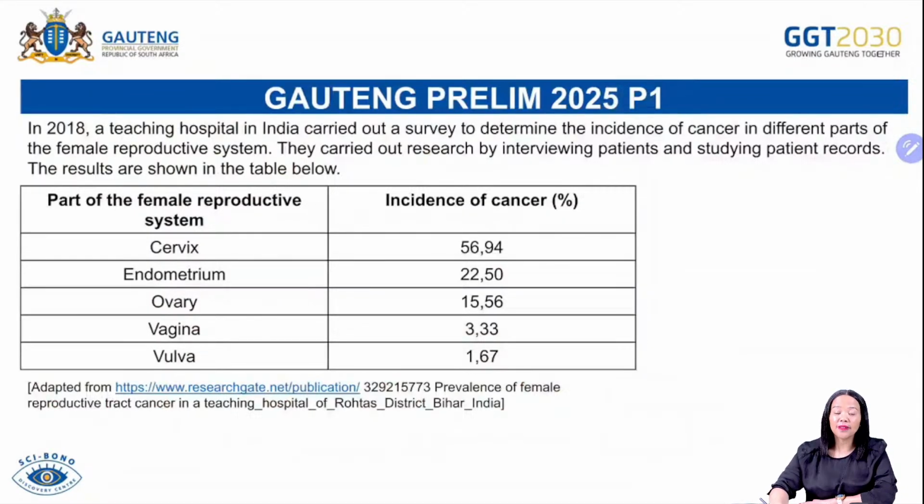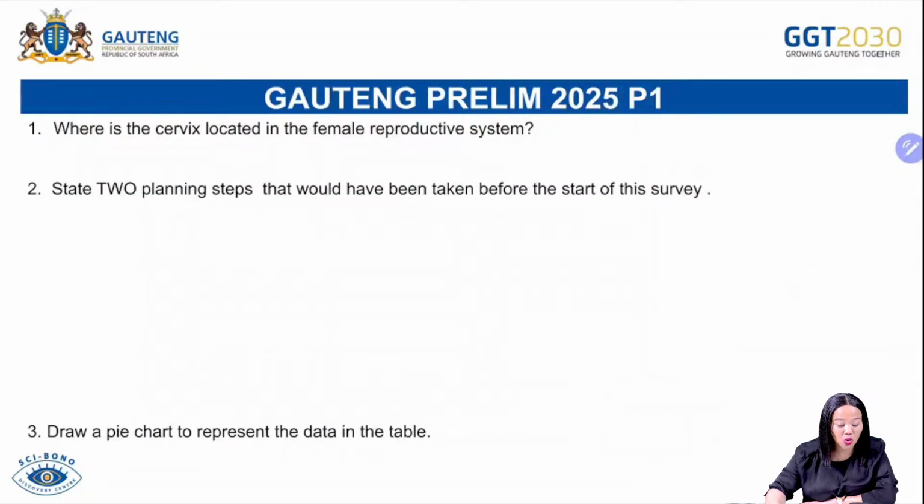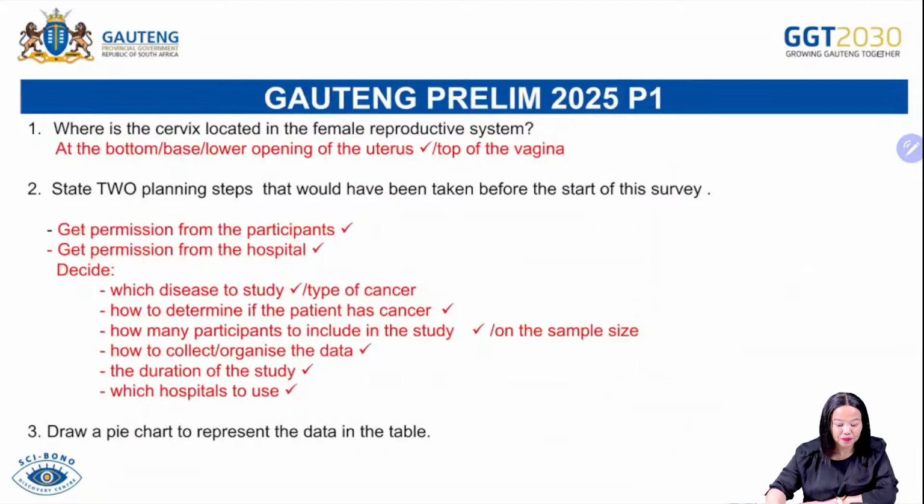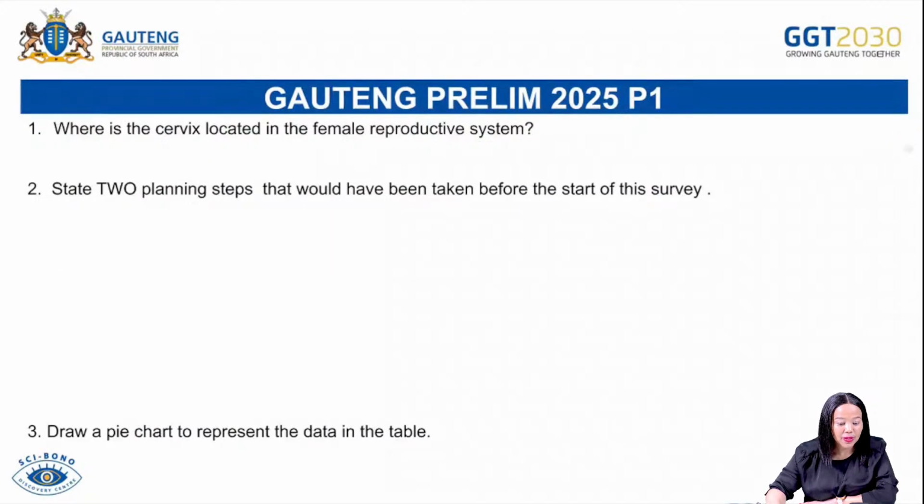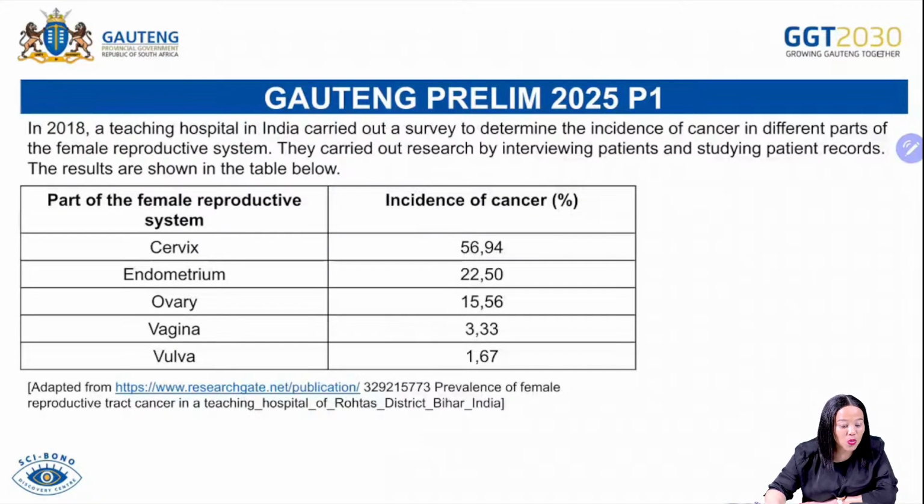Another investigative question that we are going to go through today is this one. Let's have a look at the investigative question. So hopefully you have captured all the information. The investigative question says, in 2018, a teaching hospital in India carried out a survey to determine the incidence of cancer in different parts of the female reproductive system.